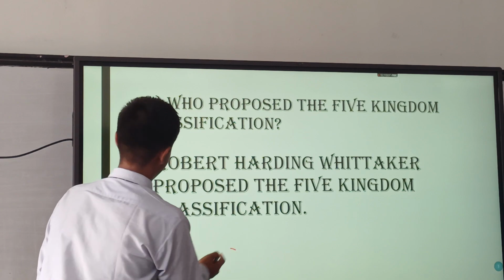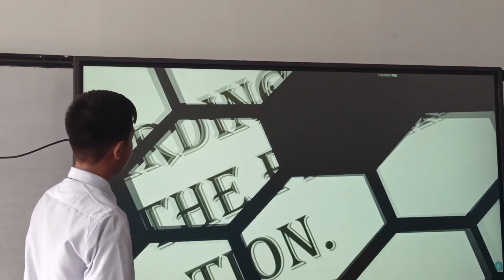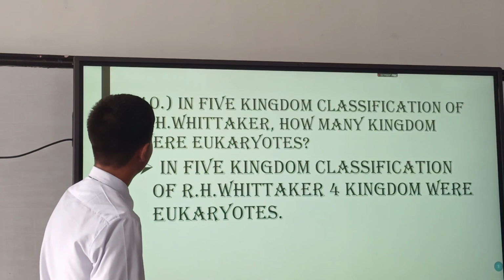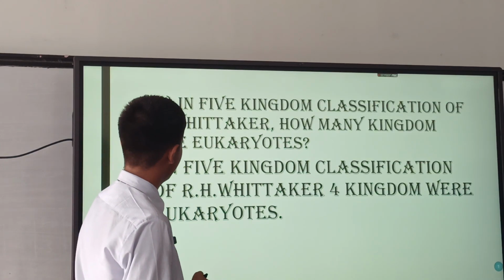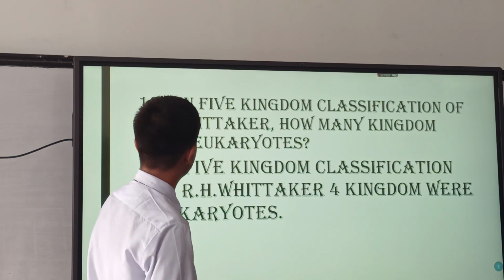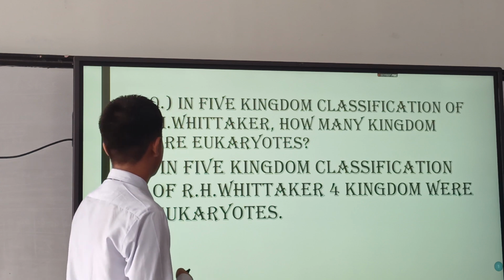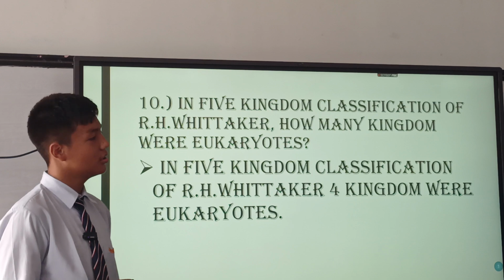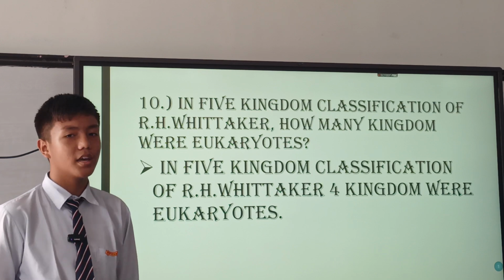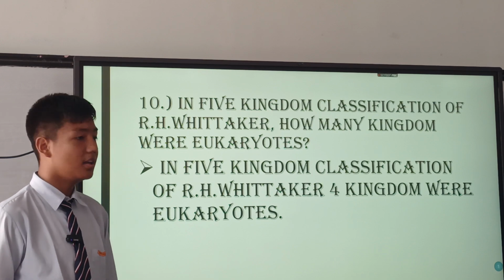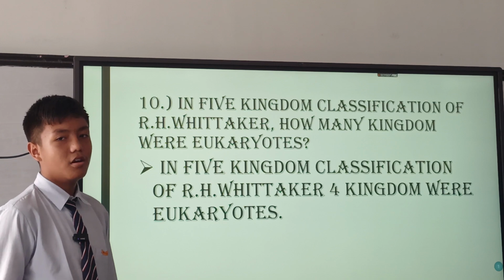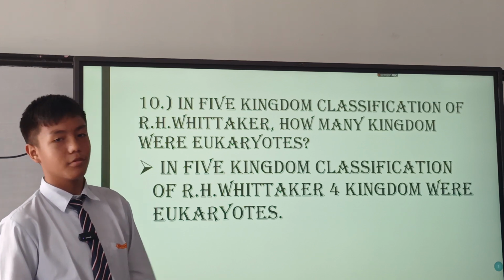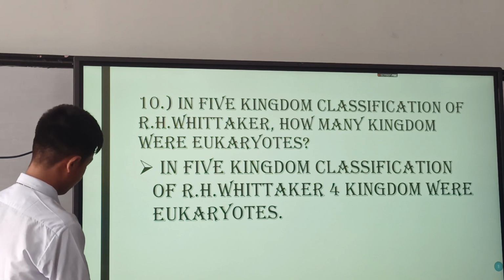In his classification, how many kingdoms are eukaryotes? 4 of them, except for Monera. If you don't know what eukaryotes are, they are organisms whose nucleus is more developed than the other ones.